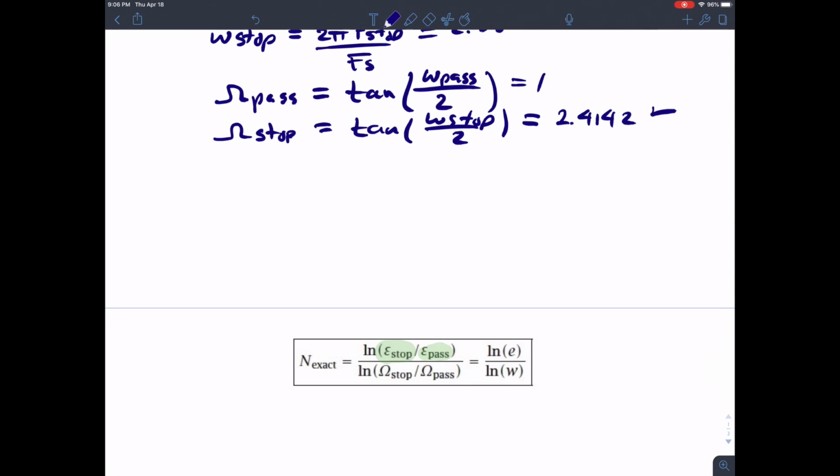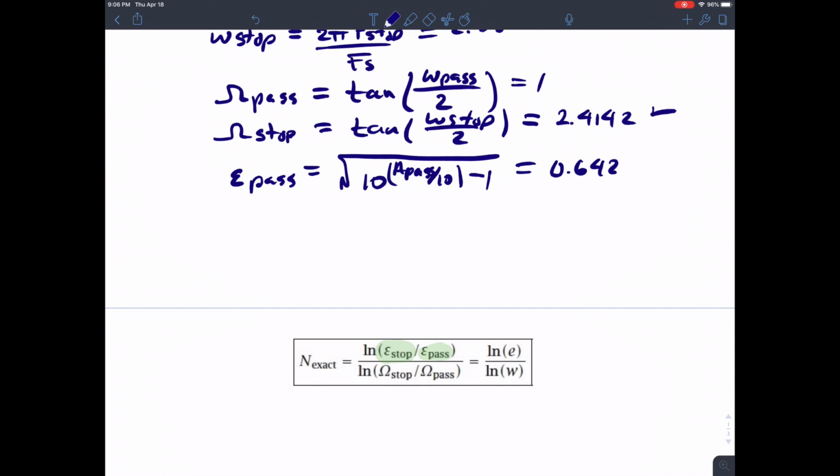Epsilon pass is the square root of 10 to the A pass over 10, minus 1. When I calculate epsilon pass, I get 0.6423.